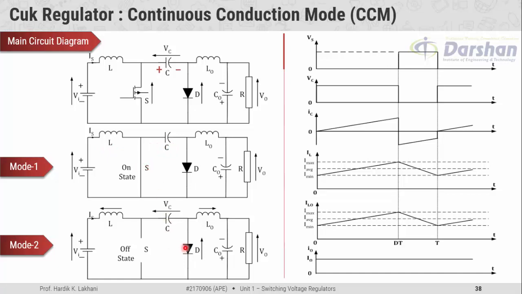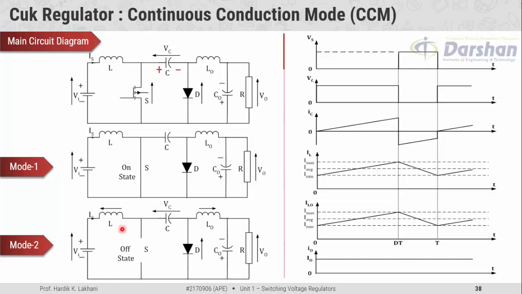In the second interval, the diode has to carry two currents: the current through the capacitor C and the current through the inductor L0. So comparatively, the ratings of the switch and the diodes are higher than the components used in the buck or boost regulator.